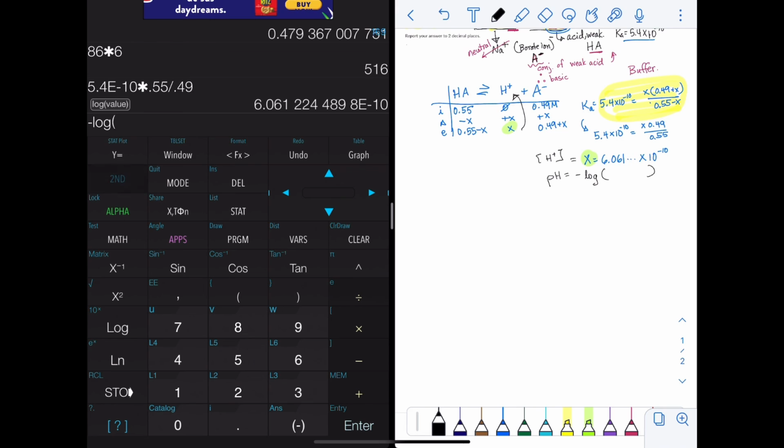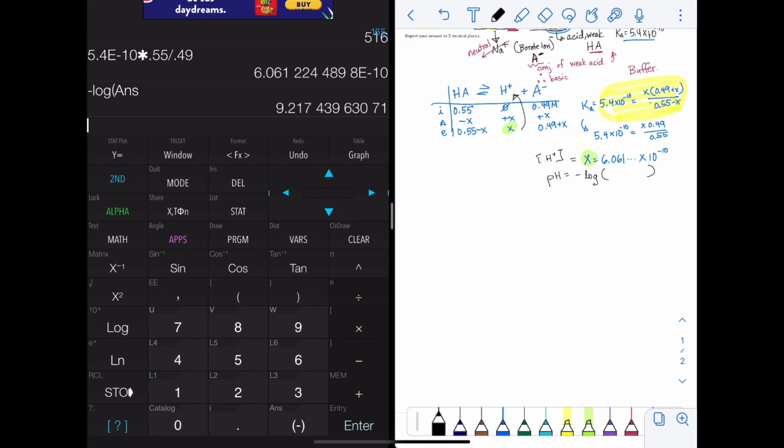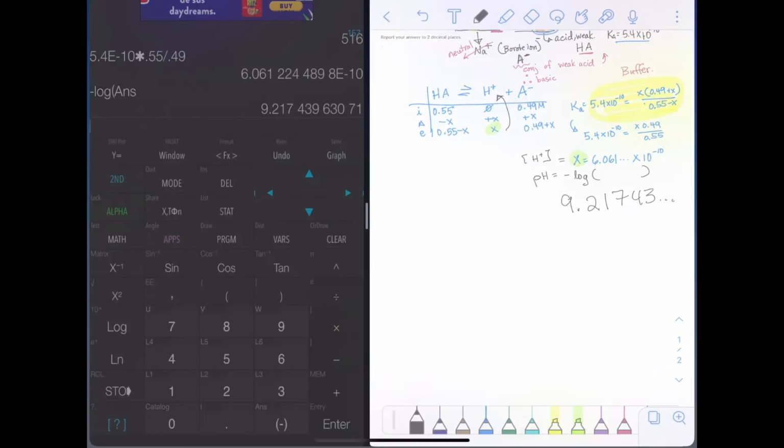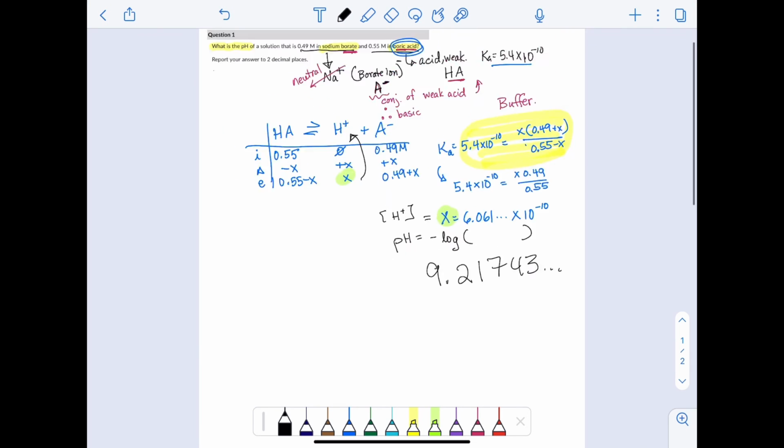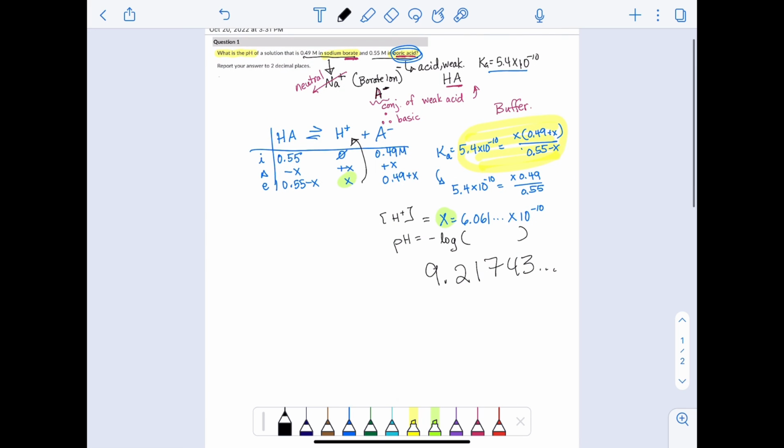There it is. Second function answer equals. And there he is. That pH is 9.21743... All right. And we're to report our answer to 2 decimal places. So I will report the pH of 9.22.